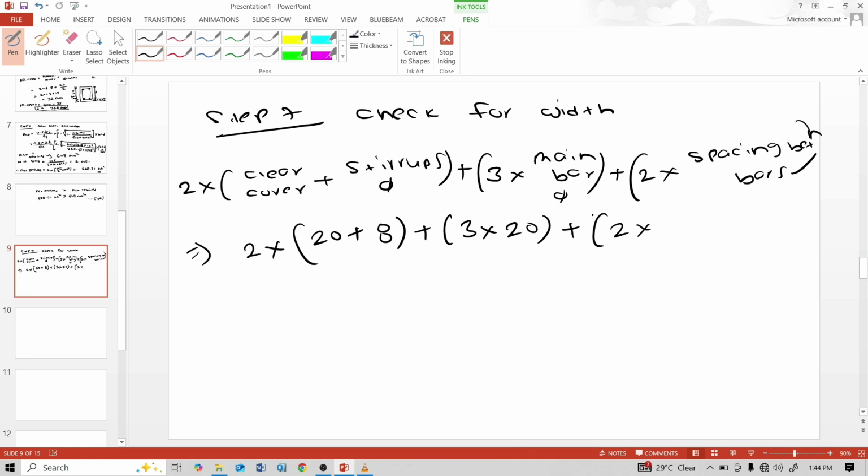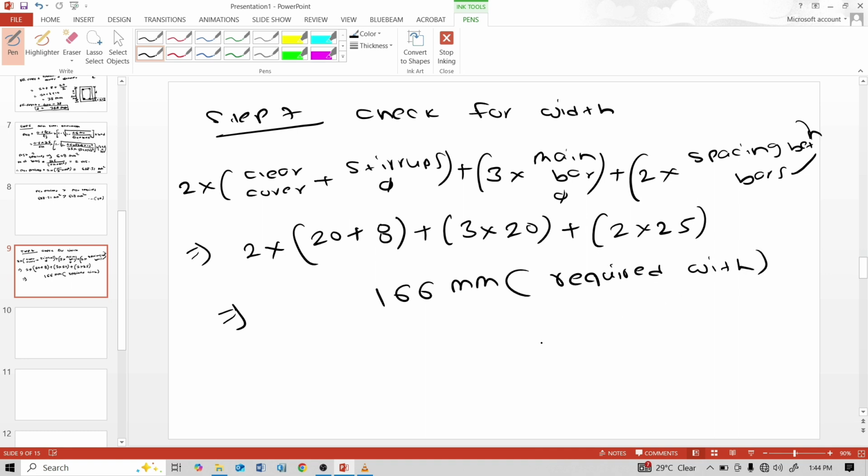It's 5 mm more than main bar diameter. So our main bar diameter is 20, 20 plus 5, 25 spacing between bars. After calculation of this, 2 into 20 plus 8 plus 3 into 20 plus 2 into 25, 166 mm value comes. This is required width of beam.